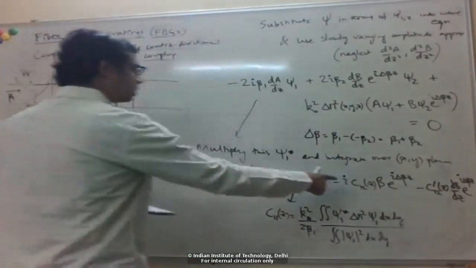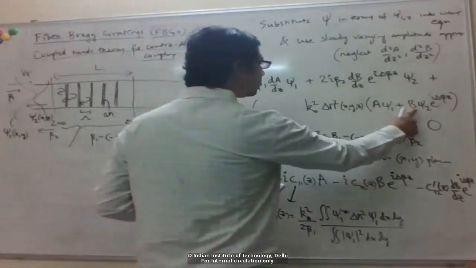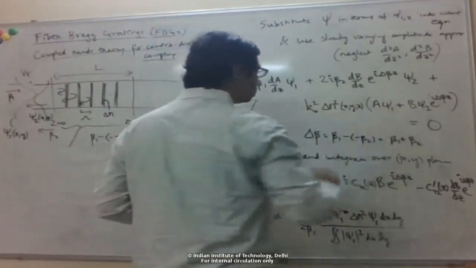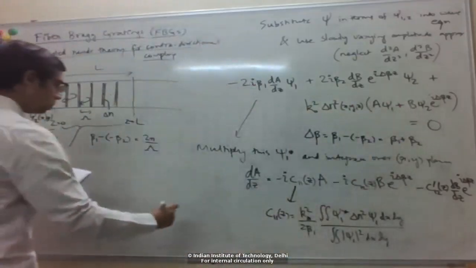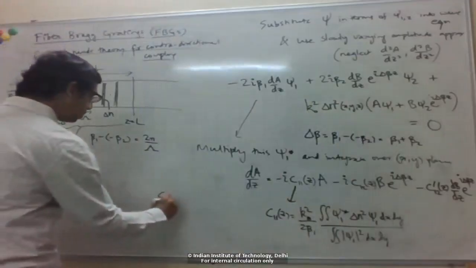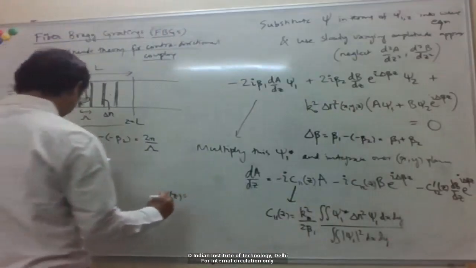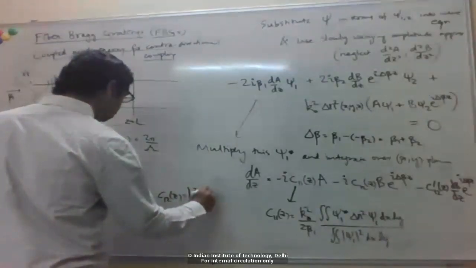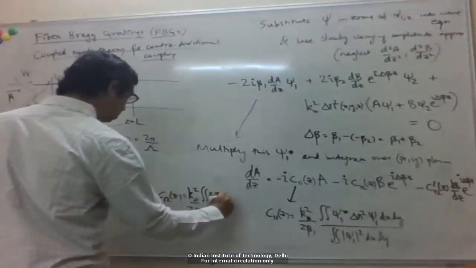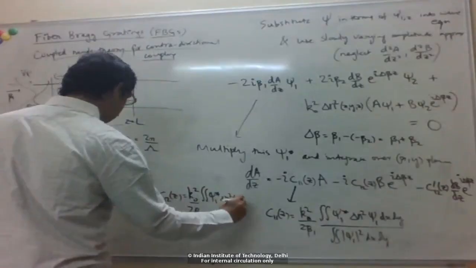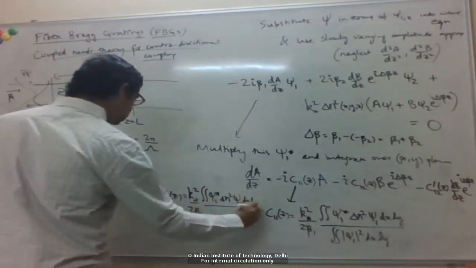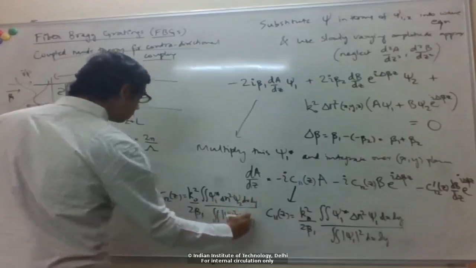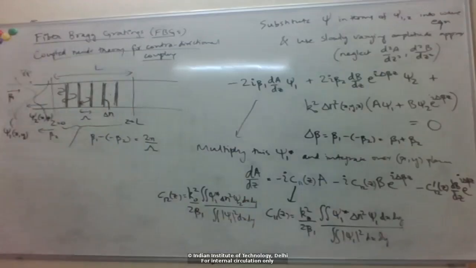Okay, so similarly, you can check. Now C12 is coming from the B term here, right? So that will have integral of psi1 star delta n square psi2. C12 will be that.